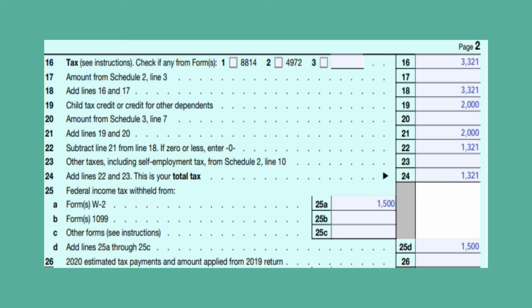Put that on line 16 and carry it down to line 18. Note that if you had a younger child and you had child care expenses, you can file Form 2441 for a credit.